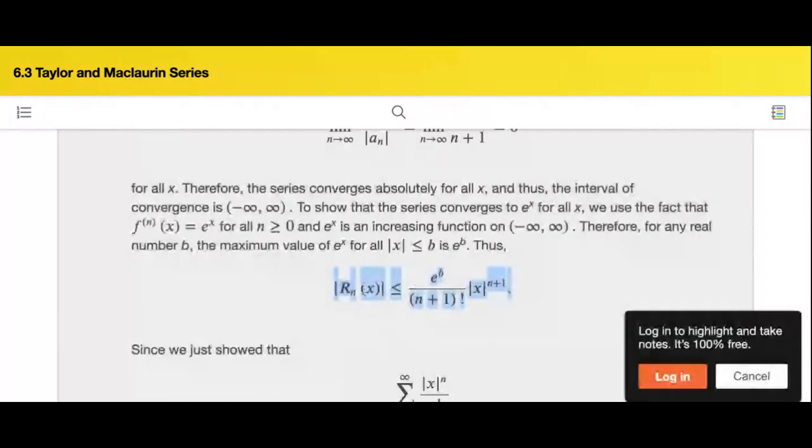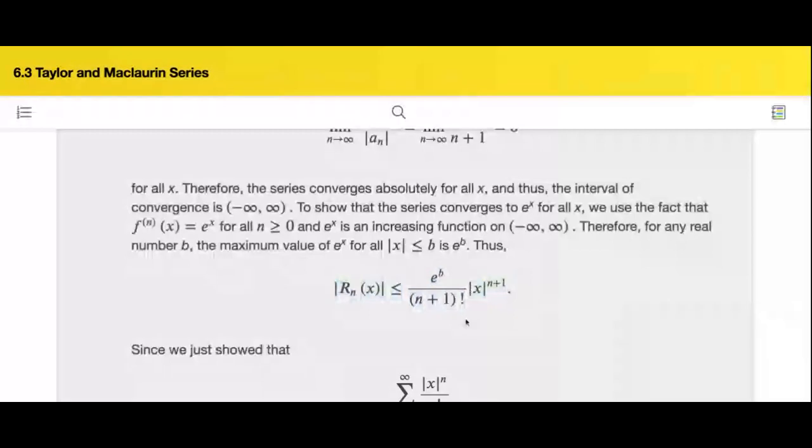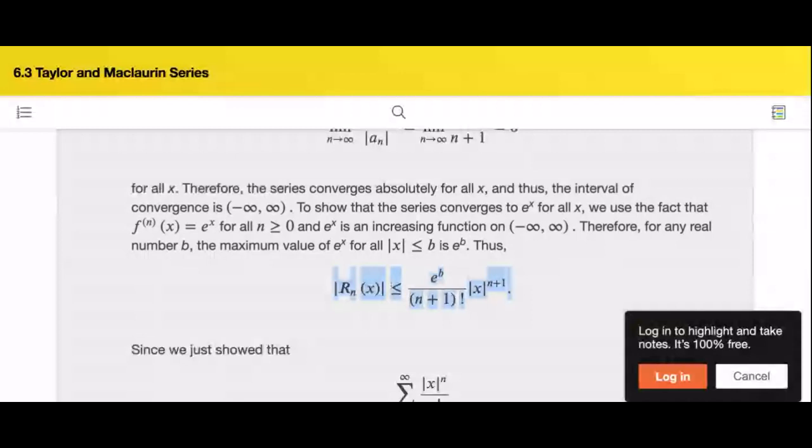So Rn equals the nth-order derivative of x divided by n plus 1 factorial, right? And because we know absolute value of x is bounded by b, e to the x is bounded by e to the b, right? So that's why we have this less than sign also, because it's bounded above, it's maximum.